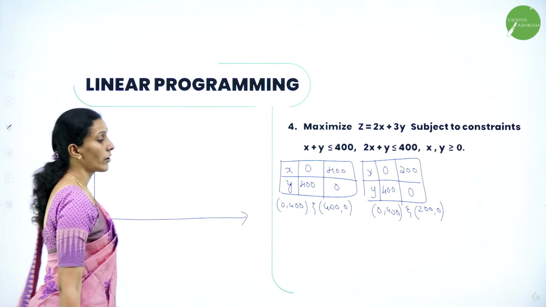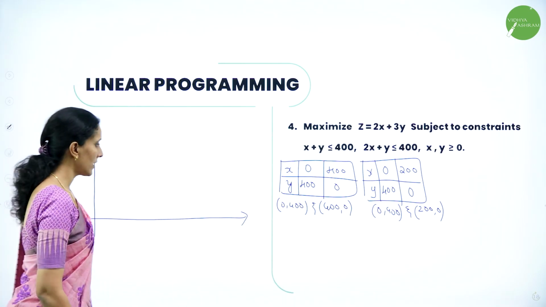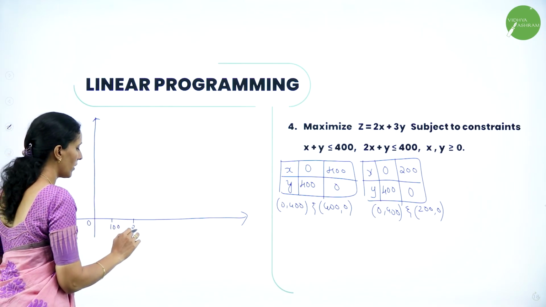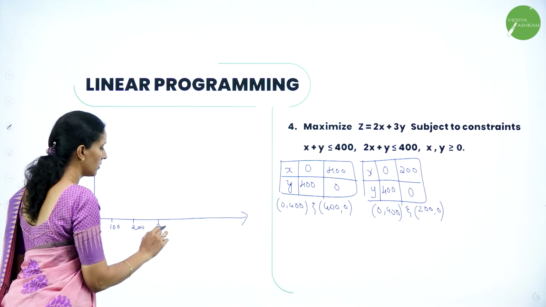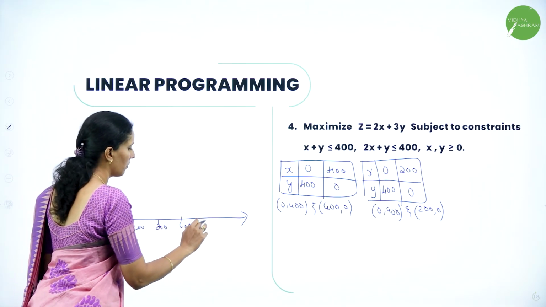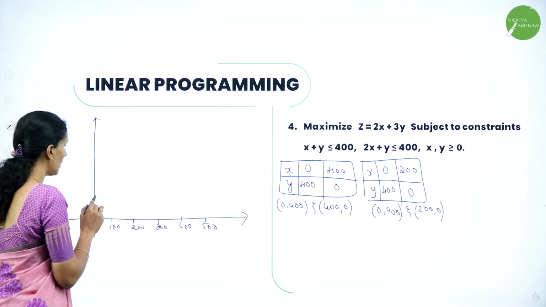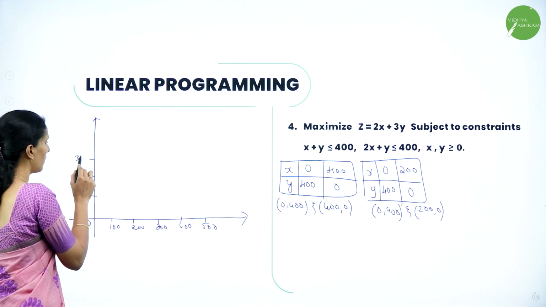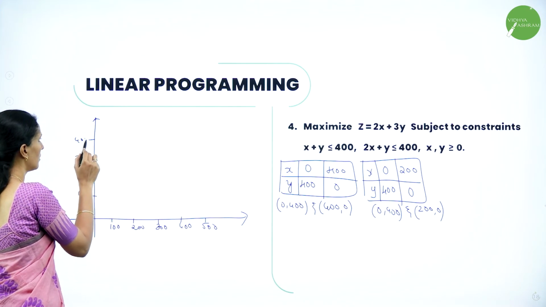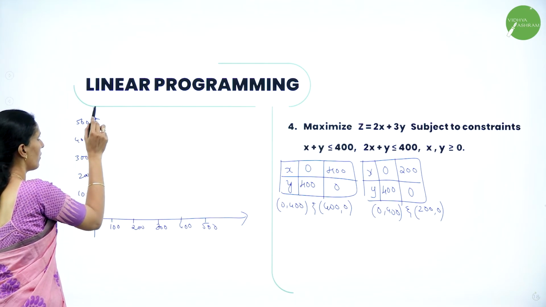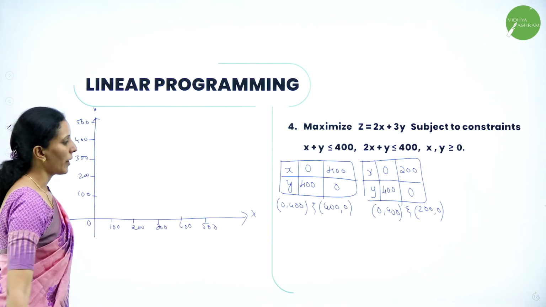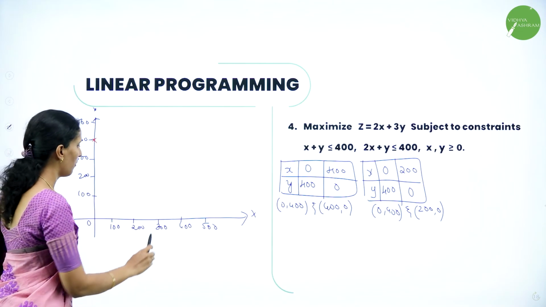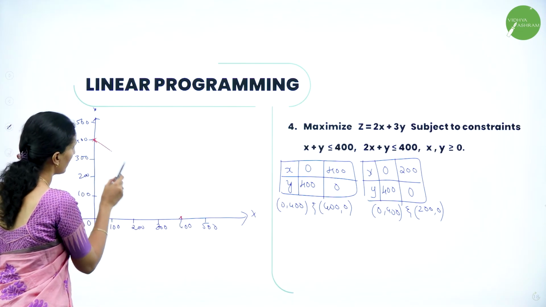Since the values are in hundreds, I'll take the units in terms of 100: 0, 100, 200, 300, 400, 500 on both axes. My first points for the first line are 0, 400 and 400, 0. So this is the line.